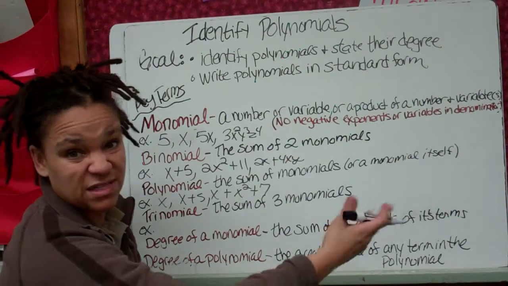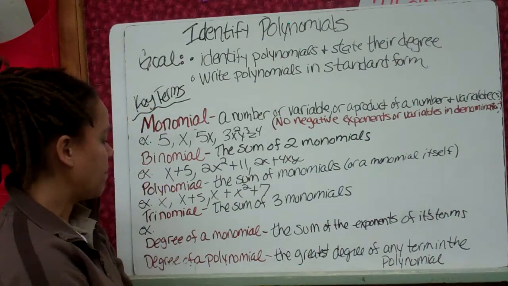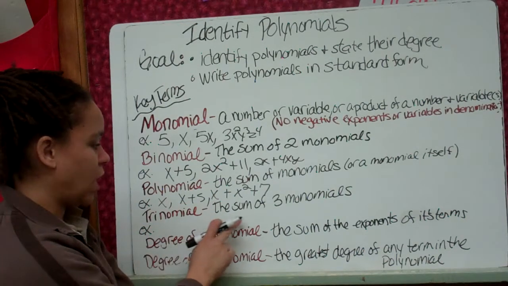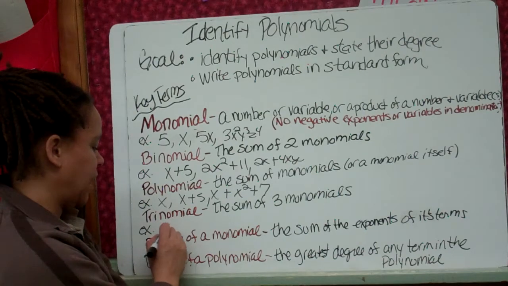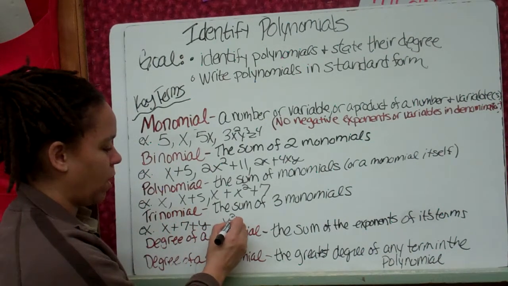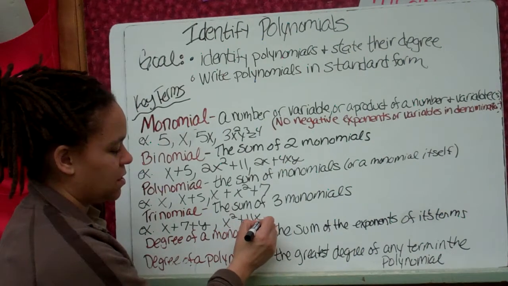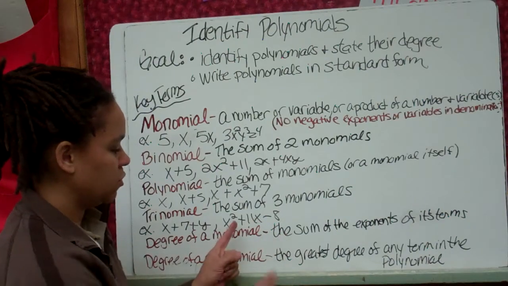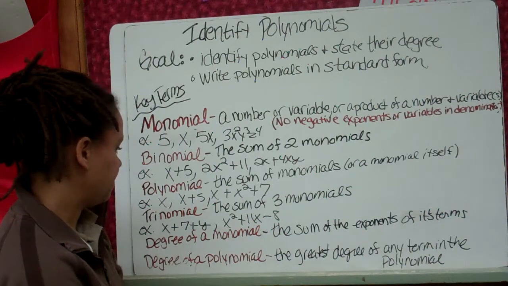Or you could have 17 terms listed, doesn't matter. Polynomial means many of them strung together. A trinomial is the sum of 3, so x plus 7 plus y, or x squared plus 11x minus 8. That's a trinomial. There are 3 terms joined by a plus or a minus sign.